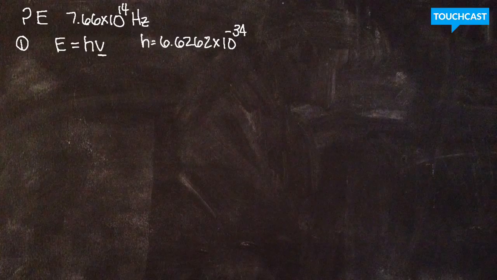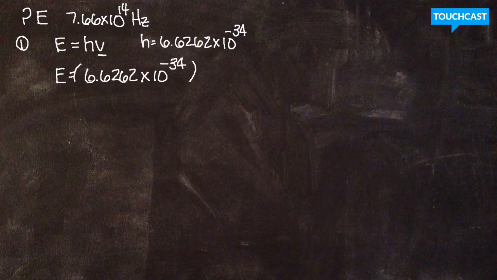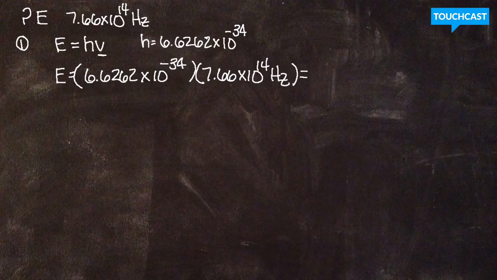So step 2 is to rearrange the formula and put in your knowns. We don't have to rearrange it, so we can just continue. So we have E equals H times V, and that gives us 5.07 times 10 to the negative 19th.